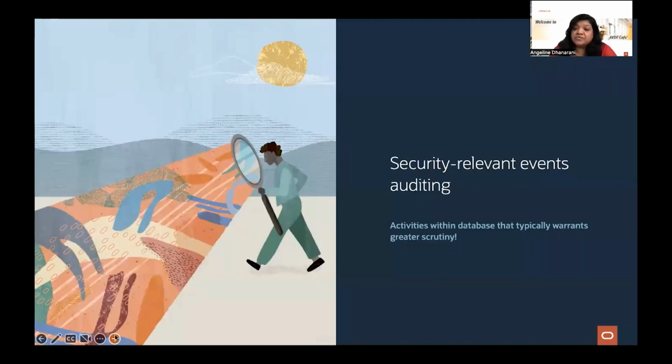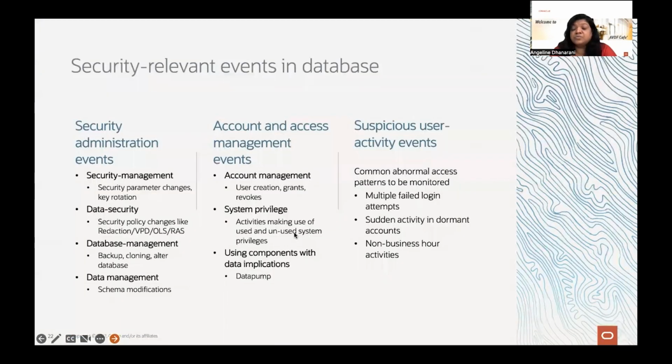The second category is security relevant events. These are activities within the database that warrant a lot more scrutiny. For example, security management events like your parameter changes or key rotation, your data security policy changes like your redaction, VPD, RAS, or any of the TSTP policy changes, you might want to track that.